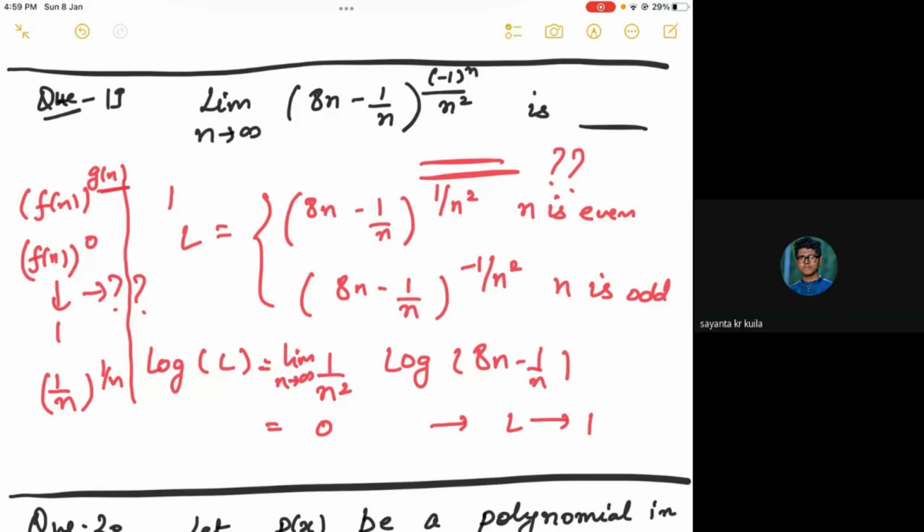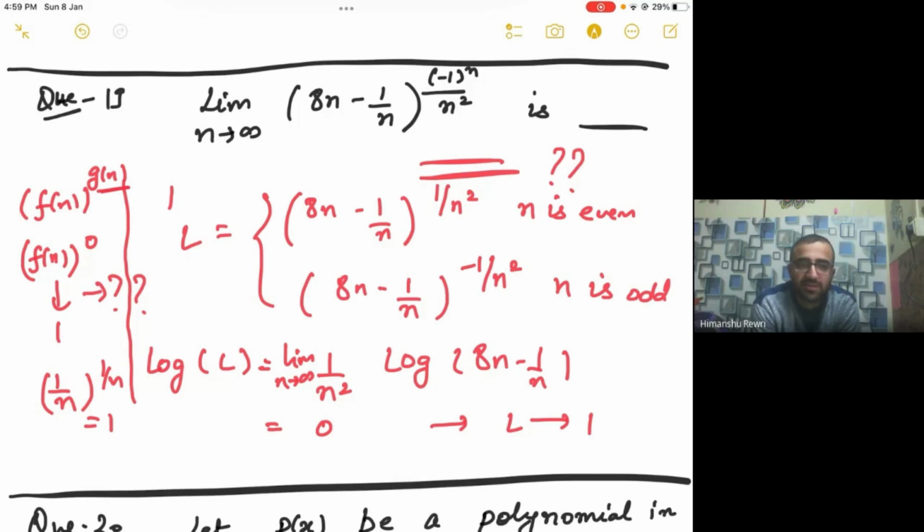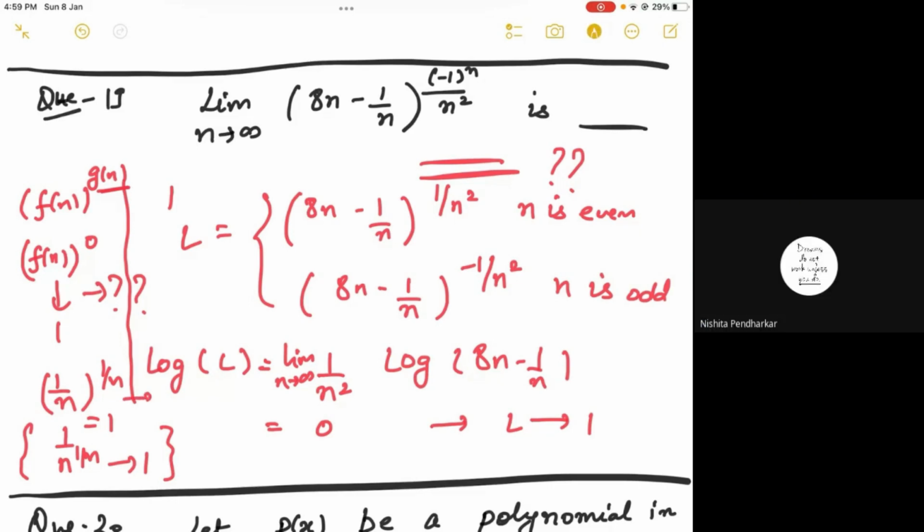Anyway, the limit of this is 1. So this is the same as 1 divided by n raised to the power 1 by n, and n raised to the power 1 by n goes to 1, if I am correct. But anyway, this is not the correct way of doing it. Okay. Yes.